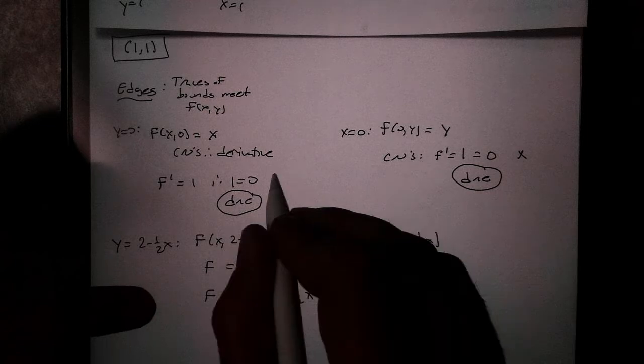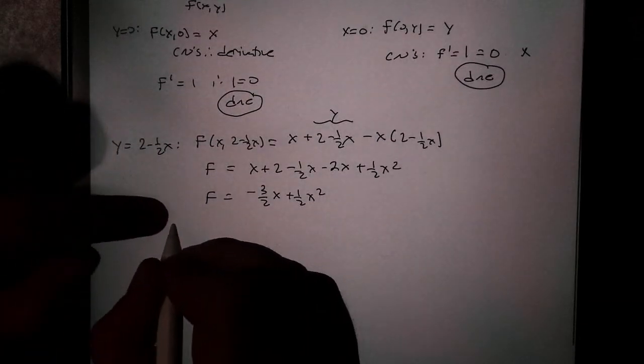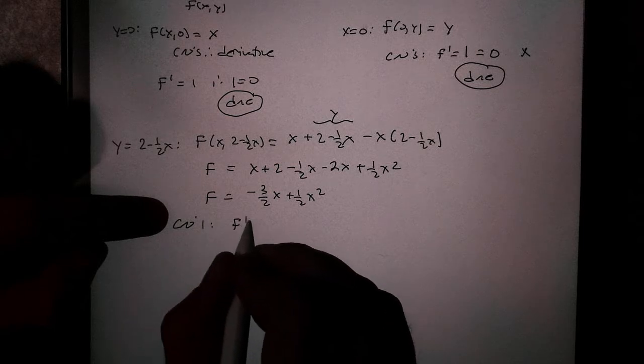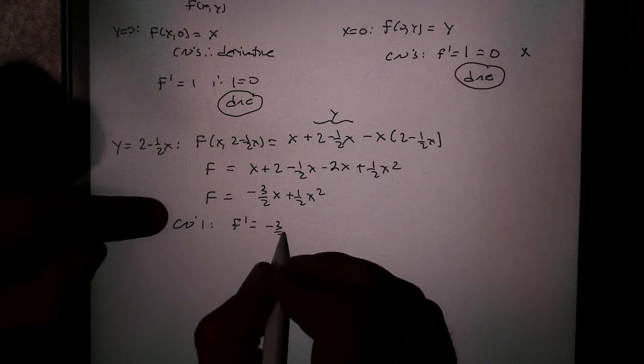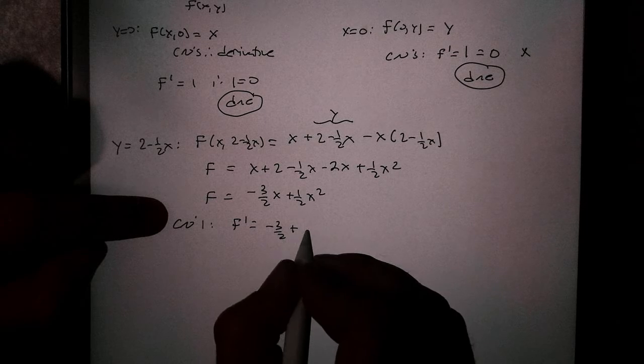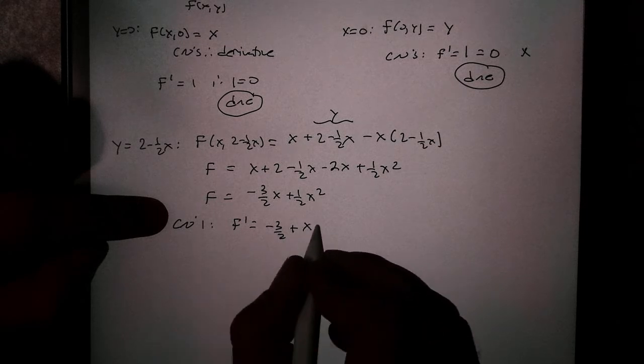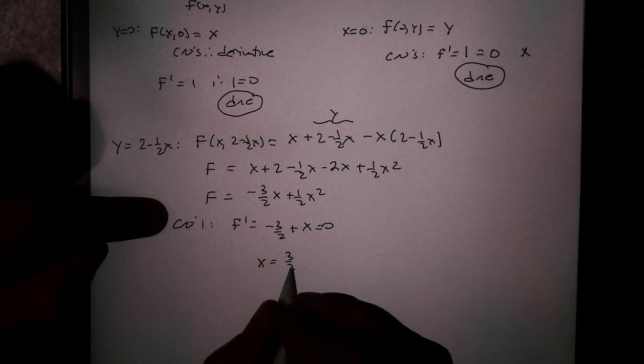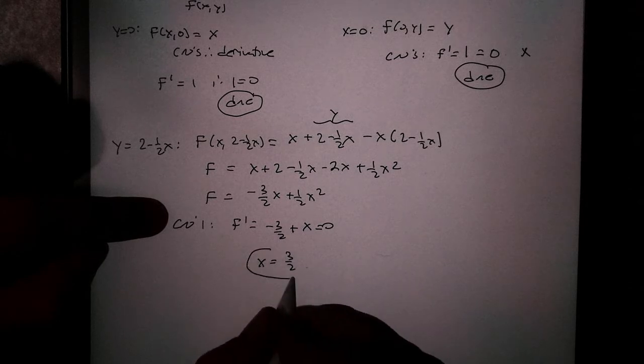Now over here our critical numbers gave us nothing, but over here when we take our derivative, we would get our derivative being negative 3/2 plus x. So set that equal to 0, we would have a critical number at positive 3/2. Now remember, there's my x value.